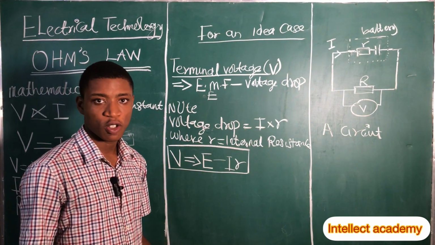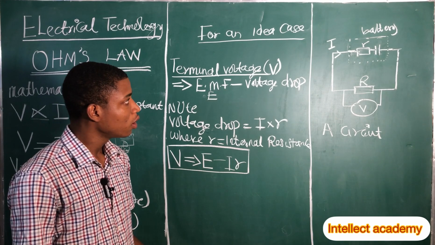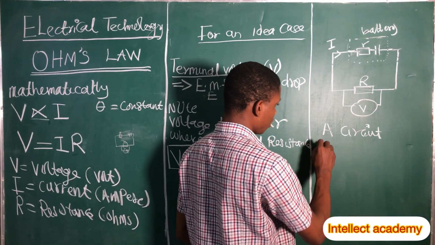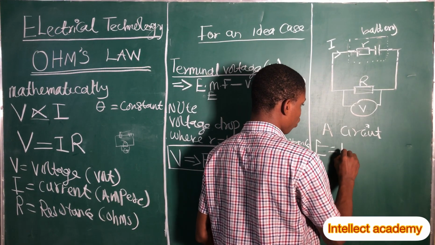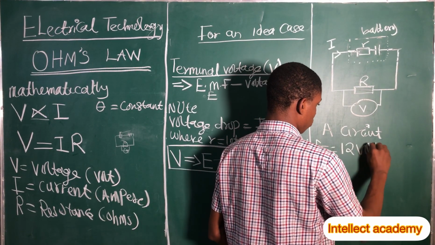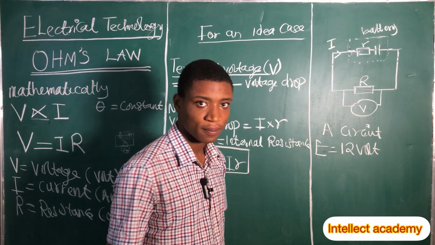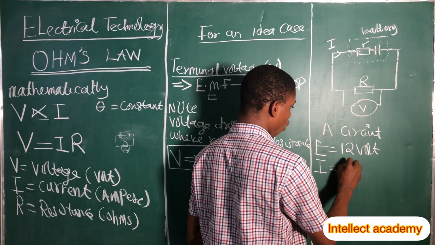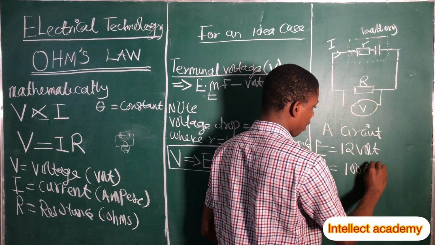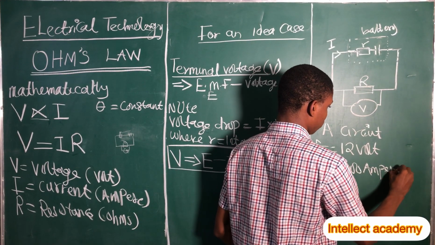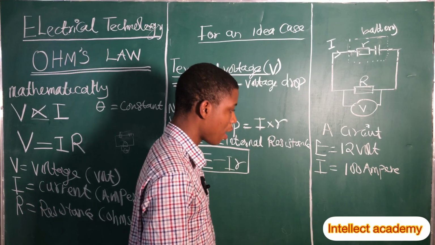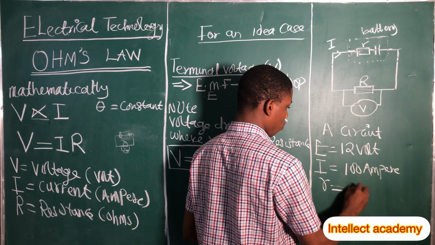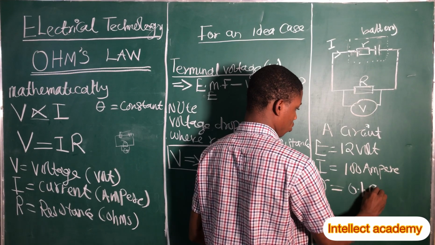Okay, now let's solve a question. Say we have a cell with an EMF of 12 volts, a current of 100 amperes, and an internal resistance of 0.1 ohms.